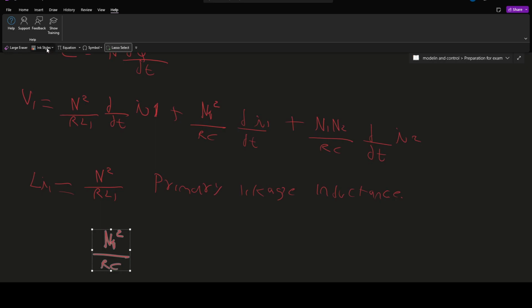And this one is the inductance due to the core. So we're going to call it the magnetizing inductance.